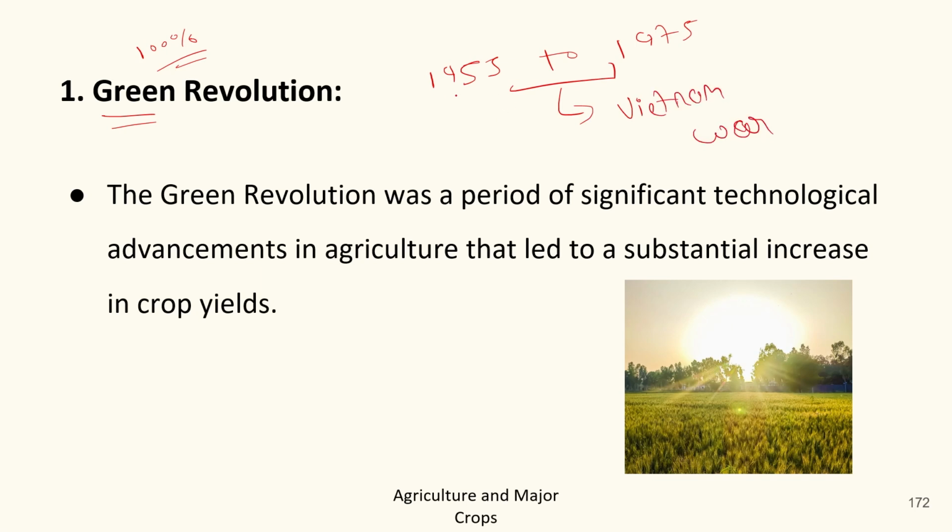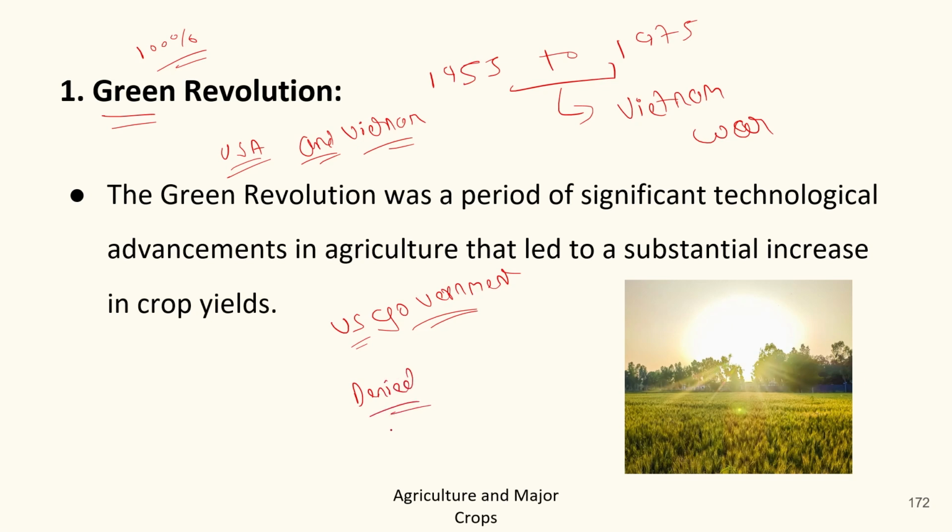Basically, the Vietnam War started in 1955 and continued till 1975. It was between the USA, the United States of America, and Vietnam. The US government wanted us to support them in this war, and not criticize the US action in Vietnam, but the Indian government denied.